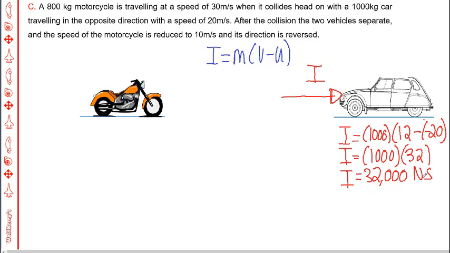Now let's go ahead and do part C. Part C wants the magnitude of the impulse of the car on the motorcycle. So you model the motorcycle. Same equation again. Mass of the motorcycle is 800. From the previous part and from the actual question, the final speed of the motorcycle is 10 meters per second and its direction was reversed, so negative 10, minus the initial speed of the motorcycle, which was 30.